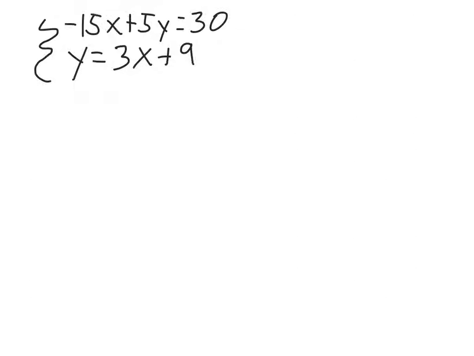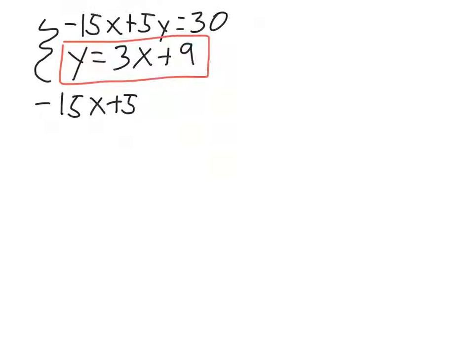So we put the y equals in a box, and we rewrite the other equation, negative 15x plus 5, and then instead of y, we say what y equals, 3x plus 9. And then finish the equation off, equals 30.